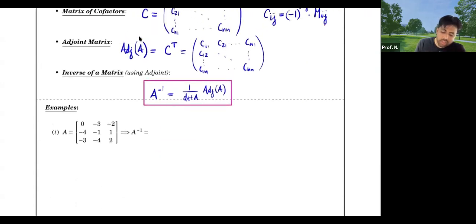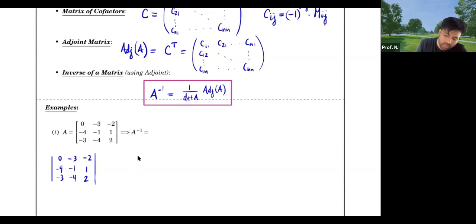So what is A inverse again? You have to find the determinant of A first. So what's the determinant of this matrix here? 0, -4, -3, -3, -1, -4, -2, 1, 2. So what do you want to do here? Do you want to do the row echelon thing where we have the upper triangular, or do you want to do the trick?